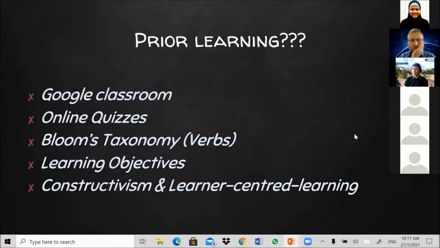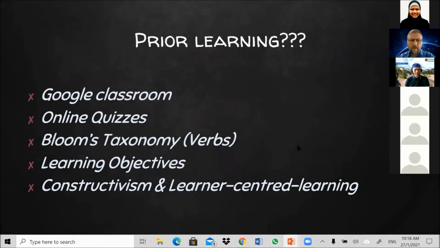This was some of the questions about your prior learning. And I guess we could take a look at those things. But it would be faster to, I think most people I could see are familiar with Google Classroom. Online quizzes also, I think most people were familiar with Kahoot. Bloom's taxonomy, I need to check back and see what you said.